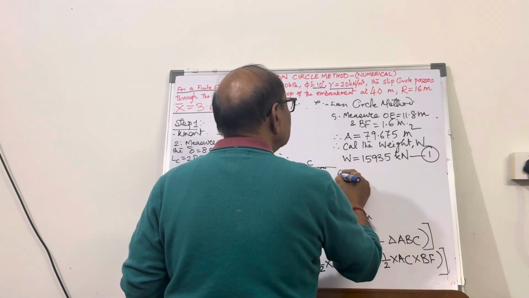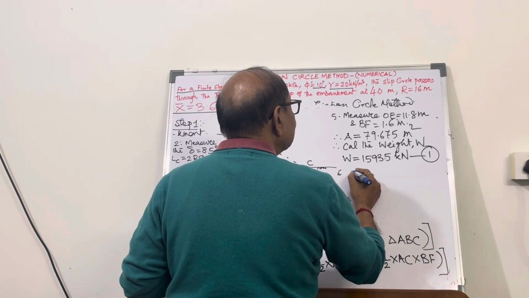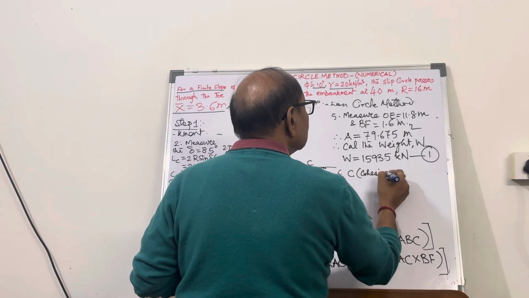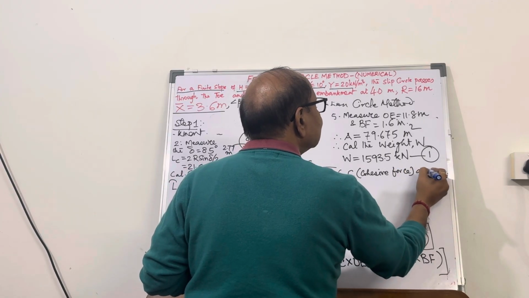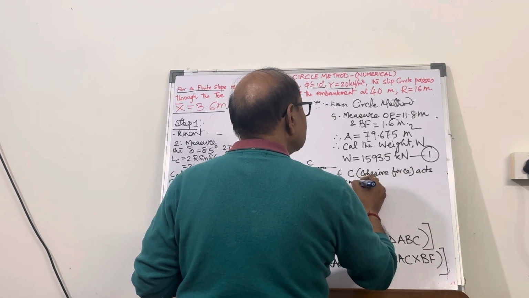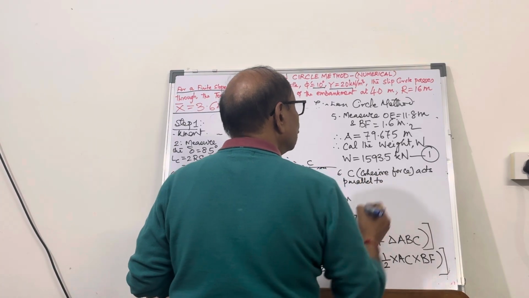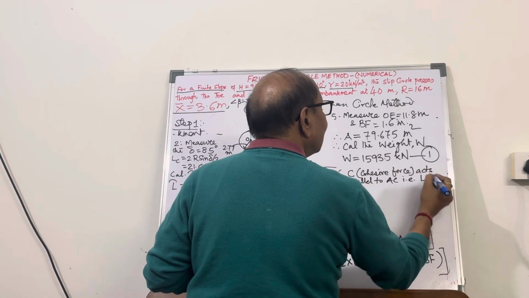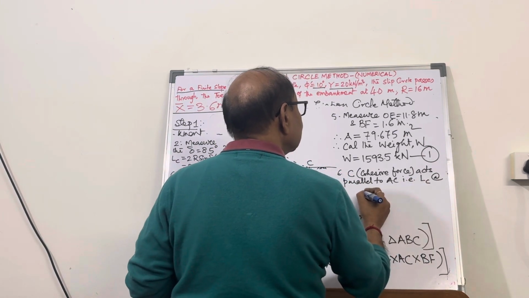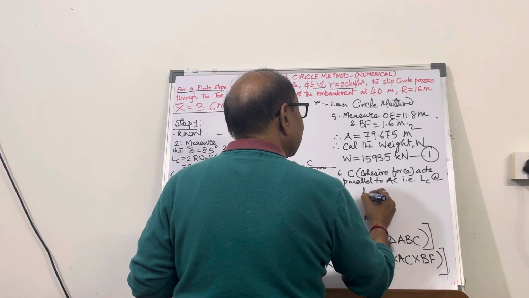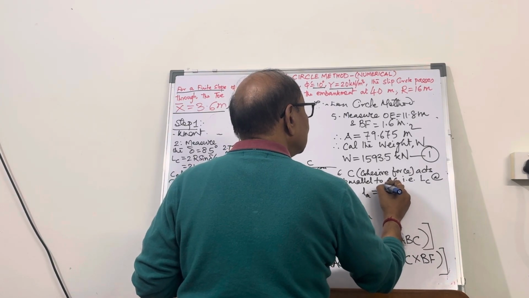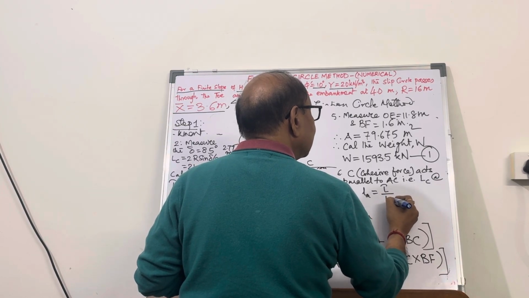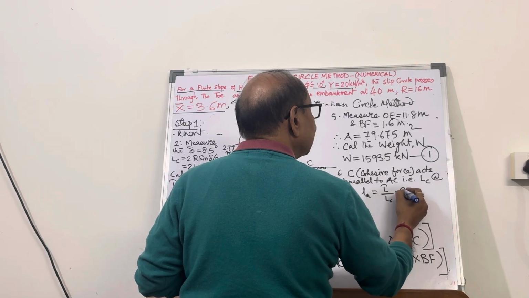So as we know, next step, that C, the total cohesive force, acts parallel to AC, that is length of the chord, at a distance LA, which is LA equal to length of the arc divided by length of the chord multiplied by R.